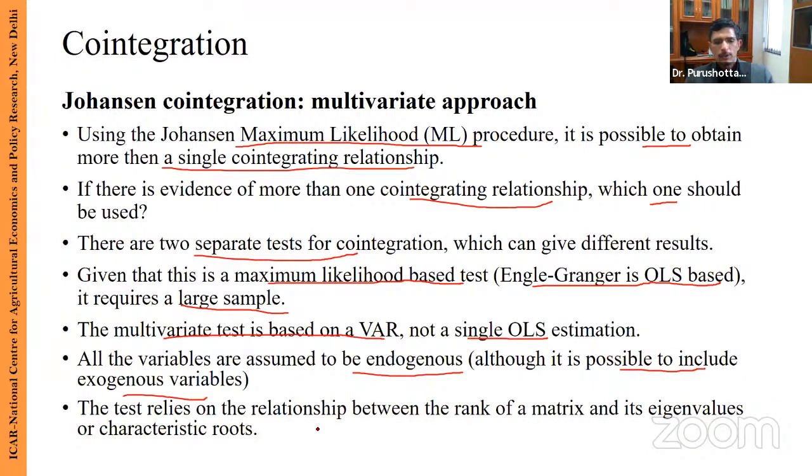The test relies on the relationship between the rank of a matrix and its eigenvalues or characteristic roots. Based on the rank of the matrix, we are going to say how many ranks are significant.